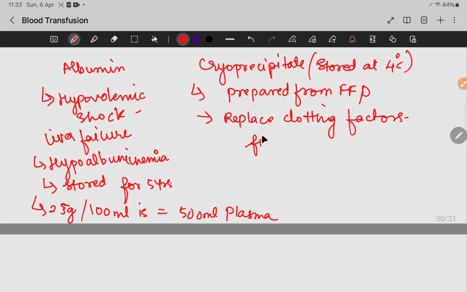Mainly what? Fibrinogen and factor 8. This can be stored up to 1 year.